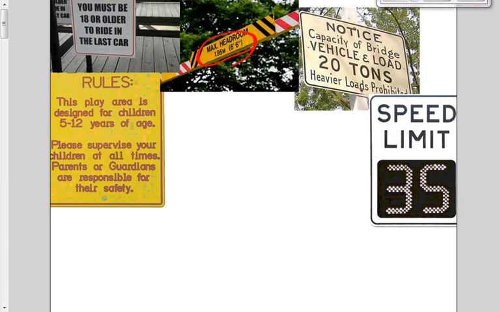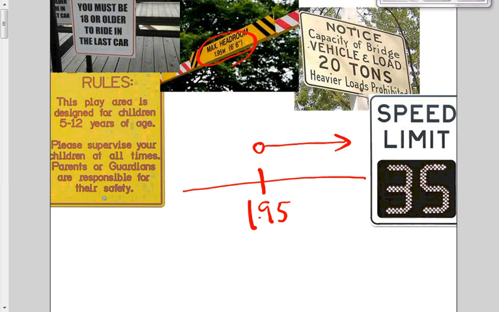So in this case, there would probably be an accident if the vehicle was 1.95 or more. 1.95 is not included, but everything in here would likely be an accident waiting to happen and likely hit the top sign.